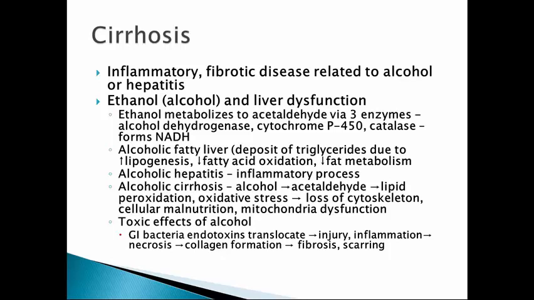Now, there are different forms of what happens within this liver, and so let's walk through the different forms. First is alcoholic fatty liver disease. What happens in alcoholic fatty liver disease is, once again, you have ethanol metabolism, and you have the deposits of triglycerides because of an increase in lipogenesis, a decrease in fatty acid oxidation, and therefore a decrease in fat metabolism.